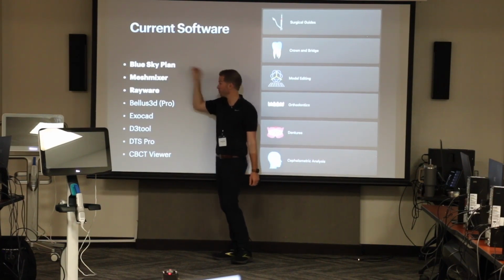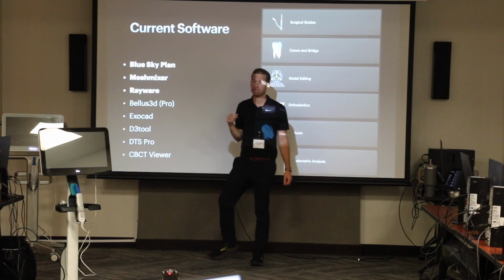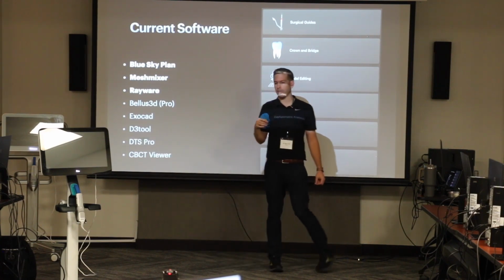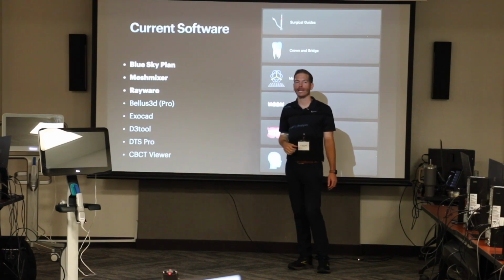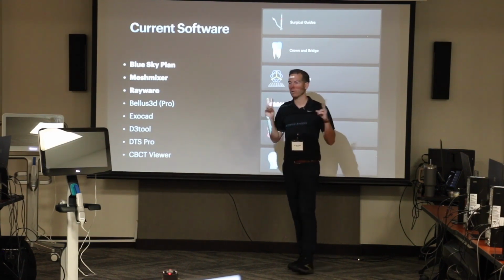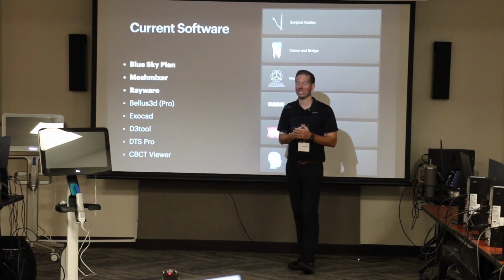Mesh Mixer probably should have been 3rd, but Mesh Mixer is kind of that handy tool in your pocket when you get a file, and we're going to talk about file types. When you get a file that's just not working how you want it to work, it's corrupted, or there's a hole, there's a defect in it, and you can't understand why.